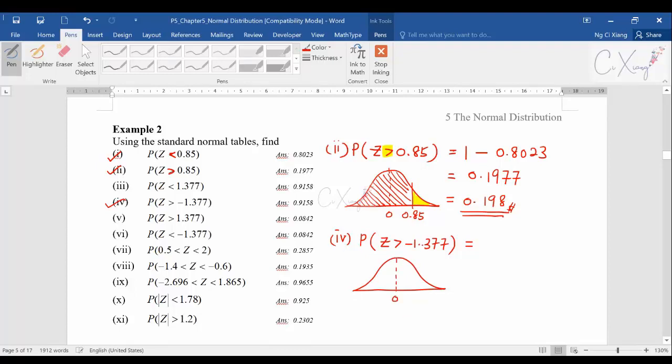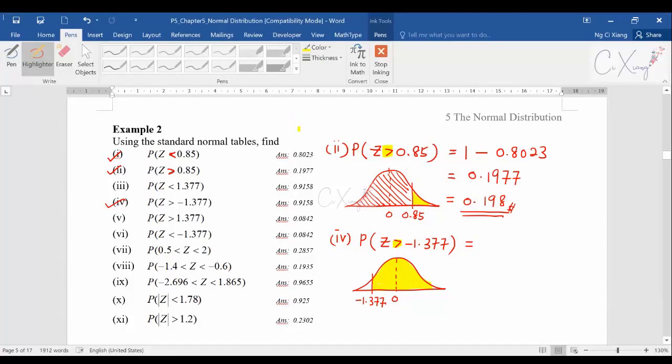All right, so this is a negative value. So a negative value should be on the left hand side, negative 1.377. Okay, so the greater sign tells you that you want to find out the area on the right hand side of the value negative 1.377. So this is the area that I want to find out.